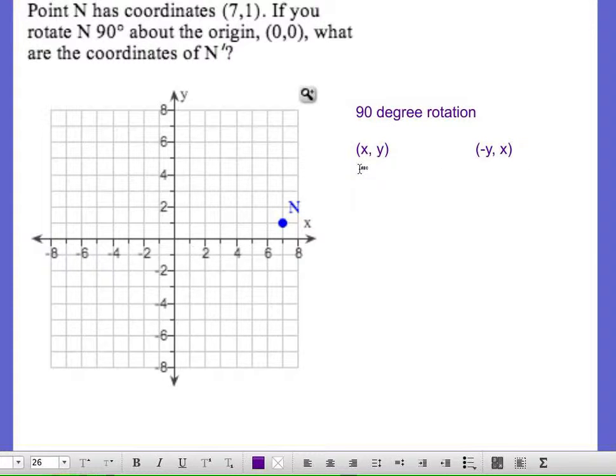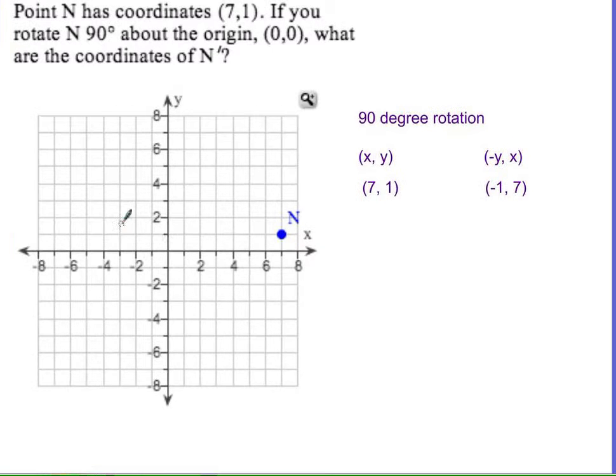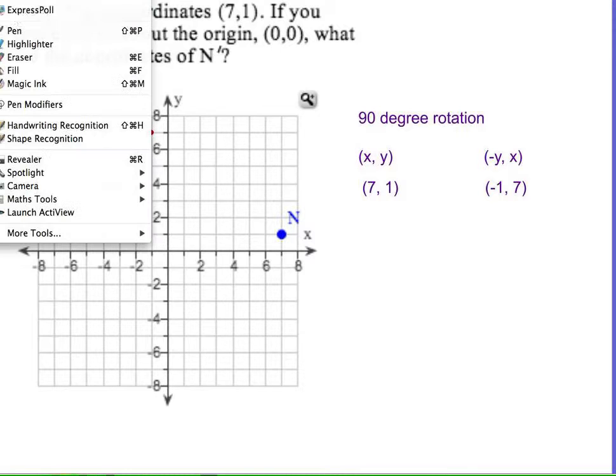So if we are already at 7, 1, that means we're going to change it to 1, 7, but change the sign of the 1. So it's positive, so it becomes negative. So our point is at negative 1, 7.